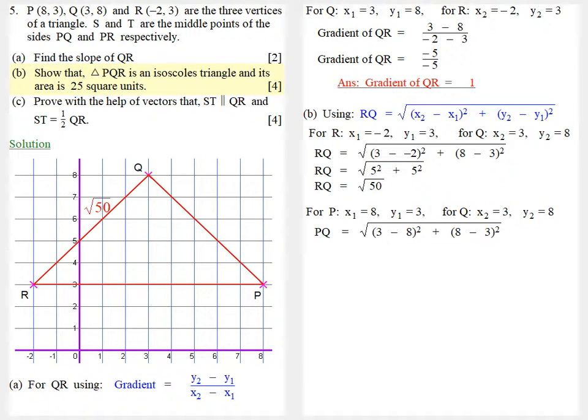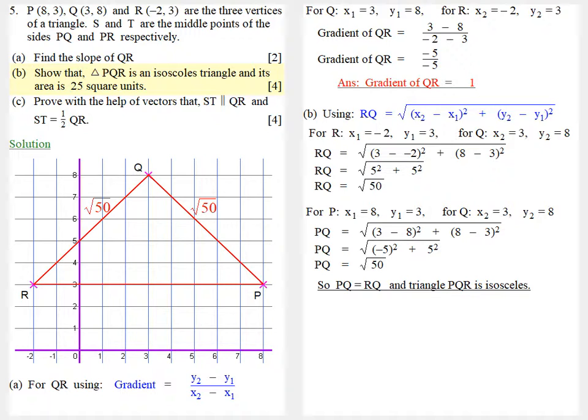So the length of PQ is equal to the square root of 3 take away 8 all squared plus 8 take away 3 all squared, which is equal to the square root of minus 5 squared plus 5 squared, which is equal to the square root of 25 plus 25, so PQ is equal to the square root of 50. Now PQ is equal to the square root of 50, and RQ is also equal to the square root of 50, so PQ equals RQ, and the triangle is isosceles.